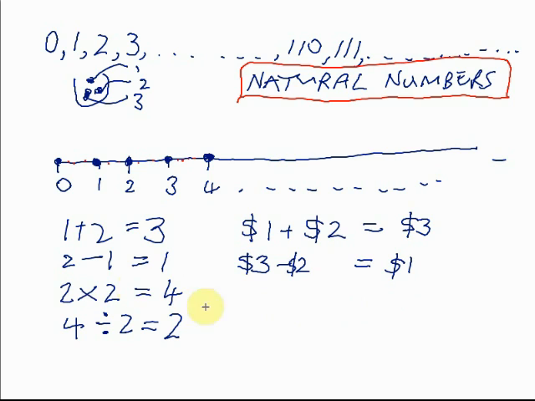Now, when it comes to multiplication, suppose I've got a bit of floor, and I'll make a plan here. I know that floor is 2 feet wide and 2 feet long, like that. And I've got tiles which are 1 foot by 1 foot square. How many tiles do I need?